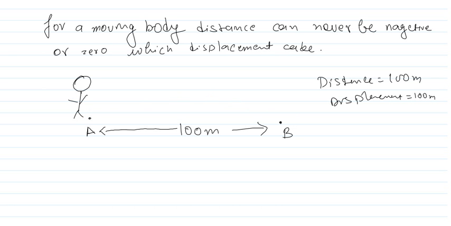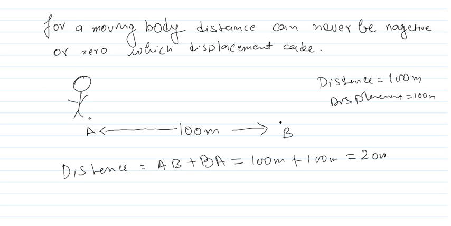So again he moves from B to A. Now what will be the distance? Here the distance will be AB plus BA, that is 100 meter plus 100 meter, equal to 200 meters.